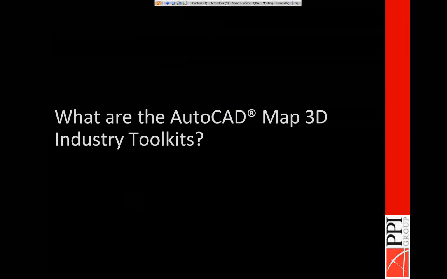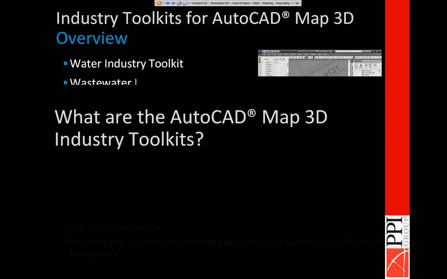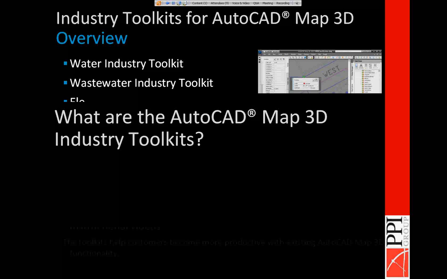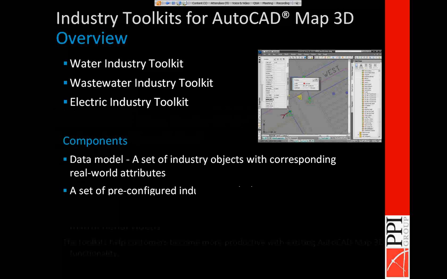So what are the industry toolkits? Well, there are 3 industry toolkits. There's one for the water industry, wastewater, and electric industry. They really are basically at their core a set of object classifications, which means basically a data model of real-world objects for each of those markets. That data model, again object classifications, is in an XML format that can be easily shared with other Map users.